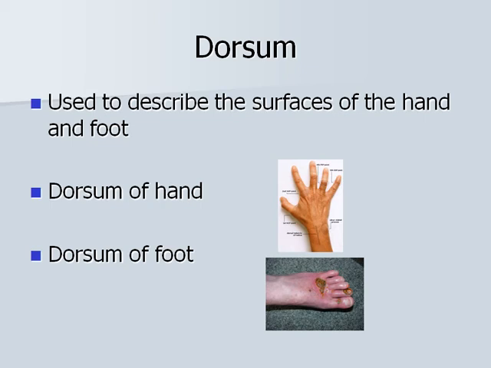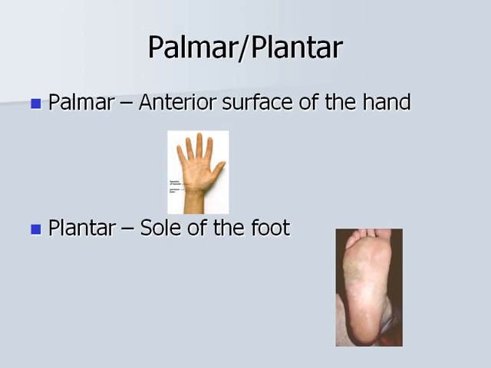The dorsum of your foot is the top of your foot. It's the superior portion of your foot, or you could also say superficial. Okay? That's the dorsum of the foot. The other sides, palmar and plantar. Palmar surface of your hand is which surface of your hand? Anterior or posterior?